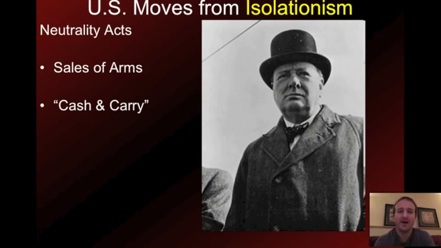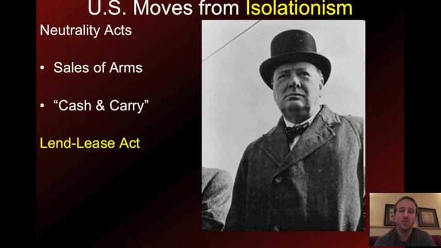There are other acts that follow, and maybe you can make an argument that they still are neutrality acts, and I'll share with you how that would be the case. But the next act that is a big one is the Lend-Lease Act. Part of the reason that's a big deal is because this occurs in 1940. Now you should have read the definition of it in the key vocabulary earlier in the video.